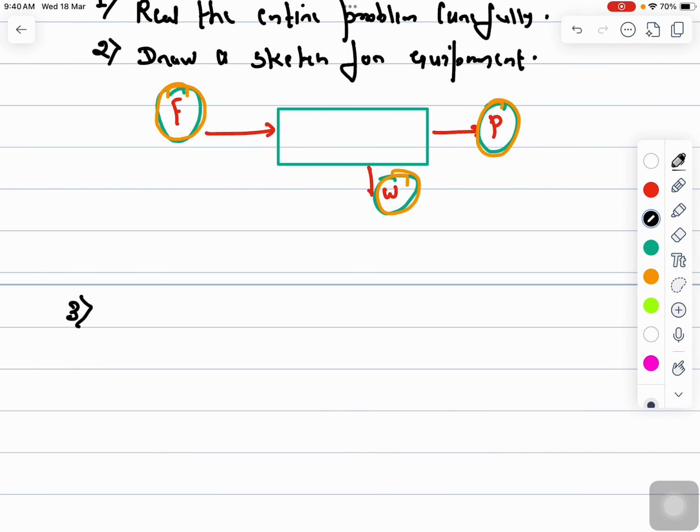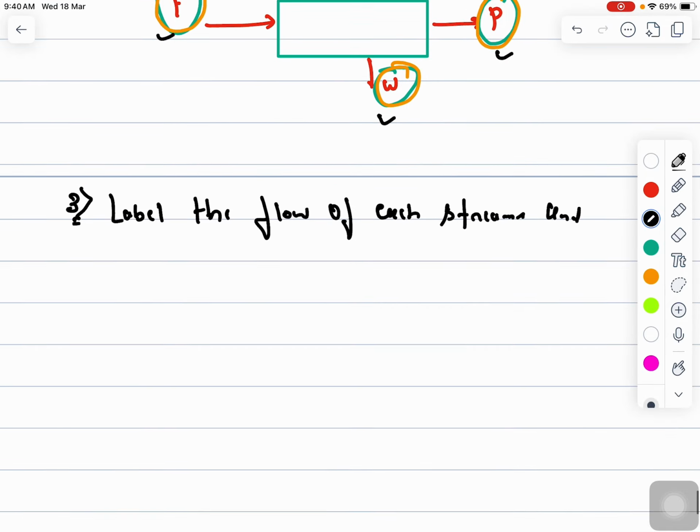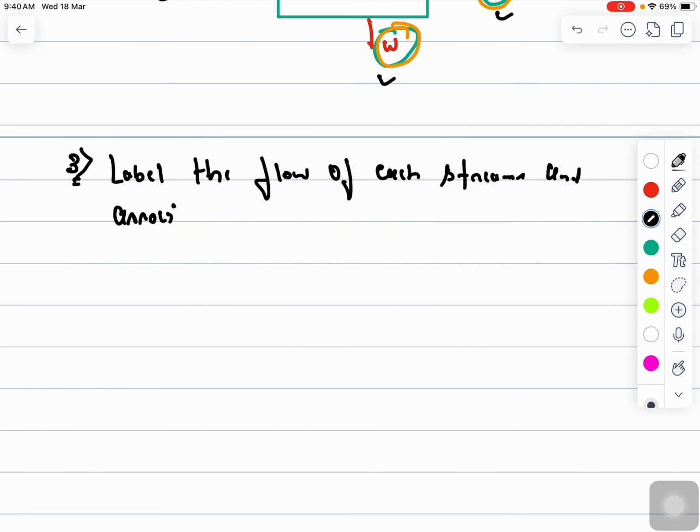Now the third step: label the flow of each stream and the associated composition with symbols. As I told you earlier, we will write F, W, P and so on. So you have to label, right? Already I have explained it to you.